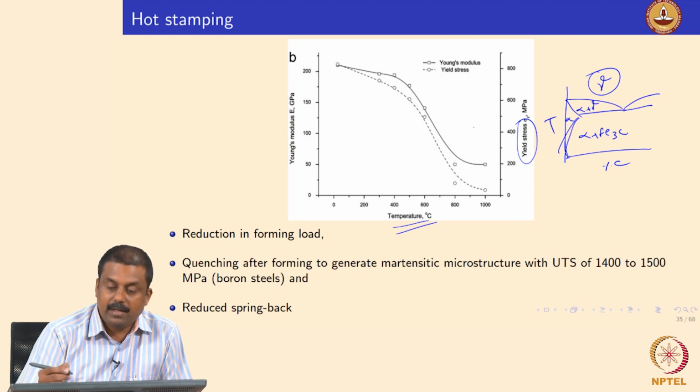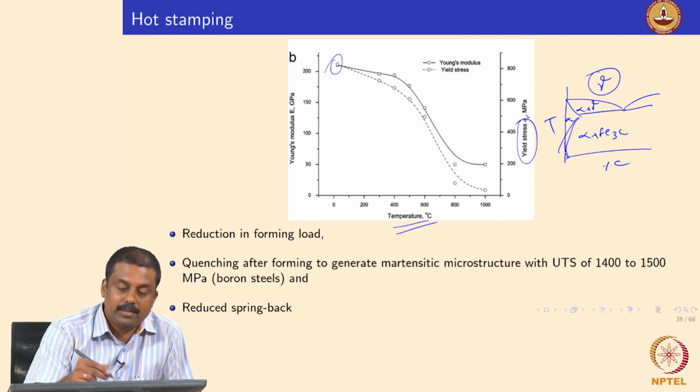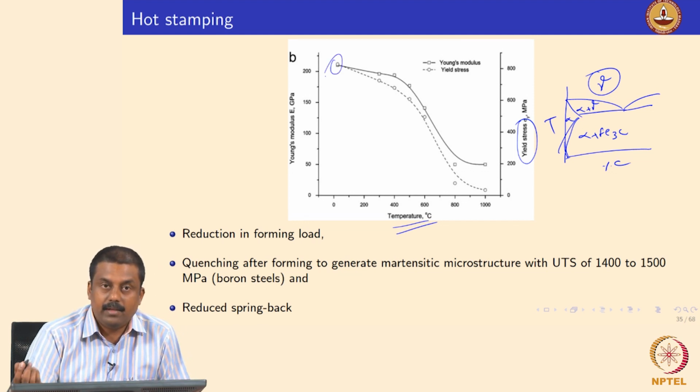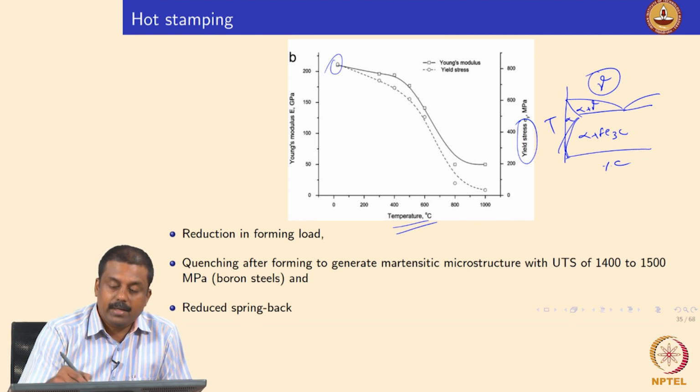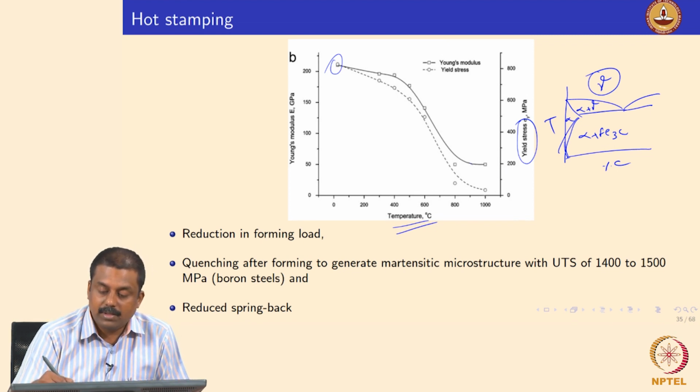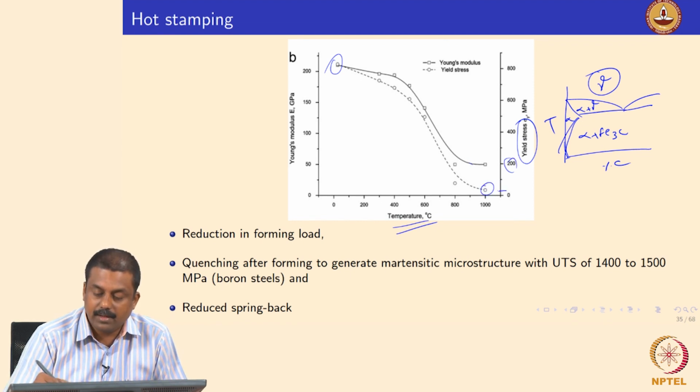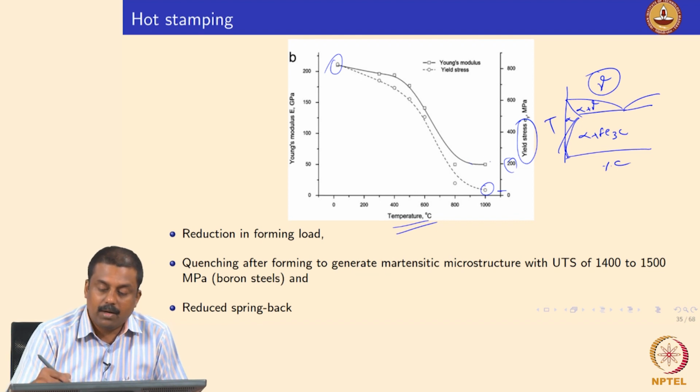You will have a significantly high yield stress if you have a precipitation-hardened material, but at around 1000 degrees centigrade, where you have a fully austenitic microstructure, the yield stress is not even about 50 megapascal. Similarly, the Young's modulus also decreases significantly as a function of temperature.